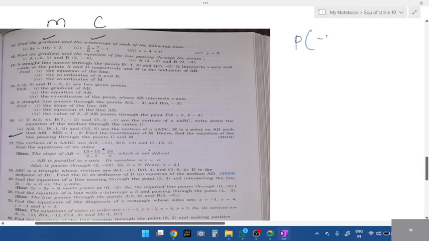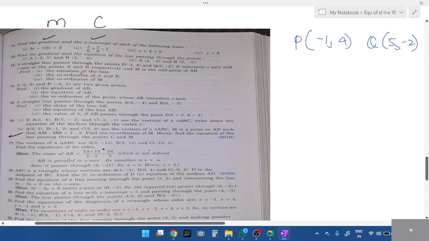P is equals to 4 and Q is equals to 5 comma minus 2. It intersects Y at which point? It intersects X axis and Y axis at points A and B. And M is what, students? M is the midpoint of line AB.